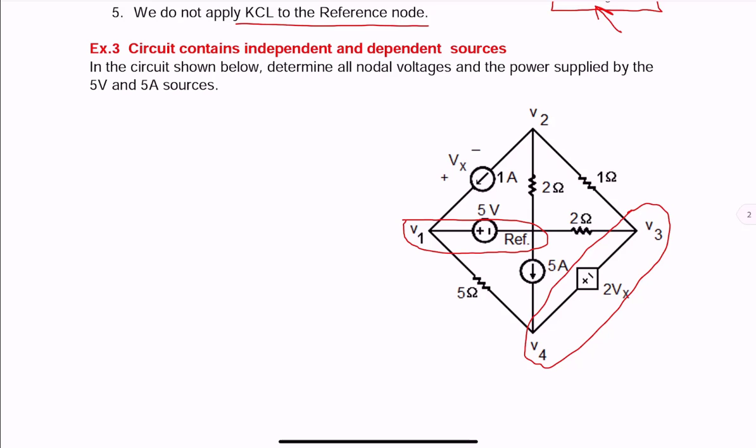For supernodes, we look at Kirchhoff's current law applied to the supernode, and then we look inside the supernode, as described in the second video. Here the supernode is V1 and reference. Since reference is there, we simply use the information provided by the source, and that is telling us V1 is equal to 5.